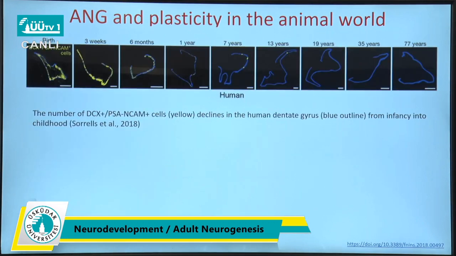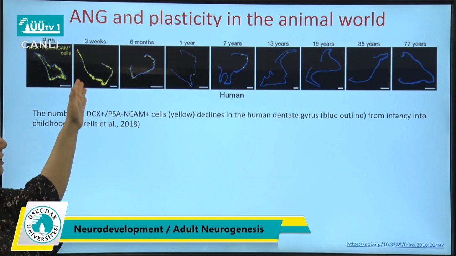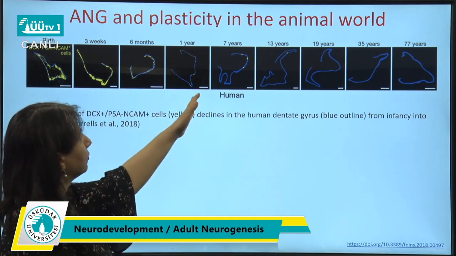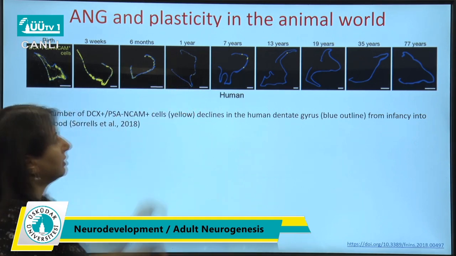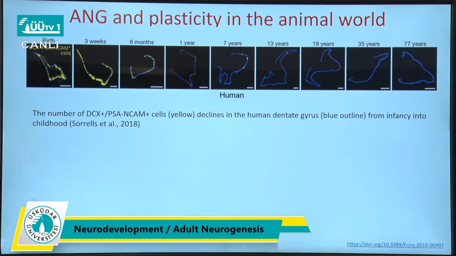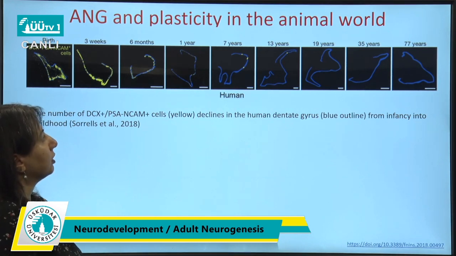If you look at the human subgranular zone immediately after birth, we see a very high number of DCX positive cells. After 3 weeks, we see less, and as we go to around 1 year, we have a lower number of neuroblasts in the subgranular zone.